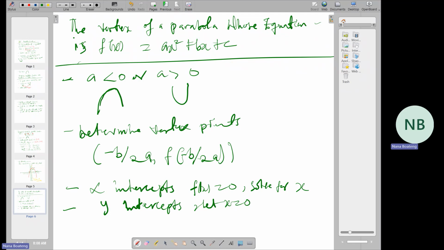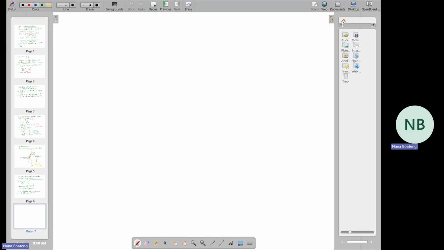All right, so let's use an example to go through some of these steps. So this will be our example 2. It says graph the function minus x squared plus 4x plus 1.